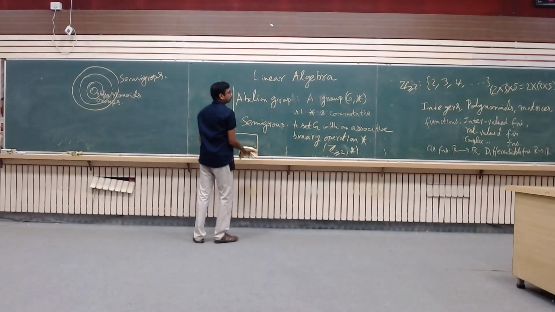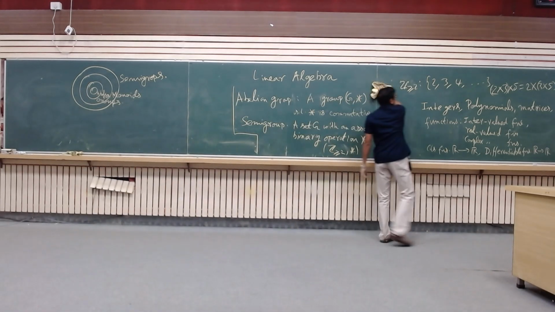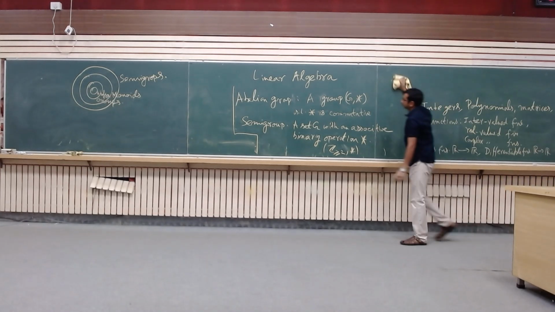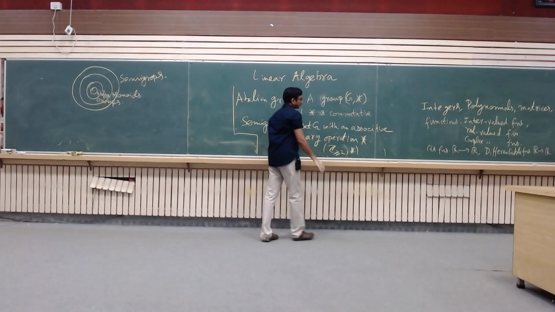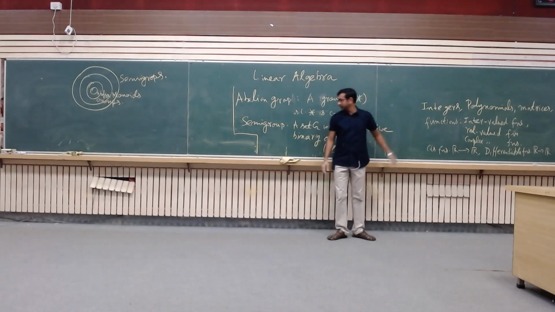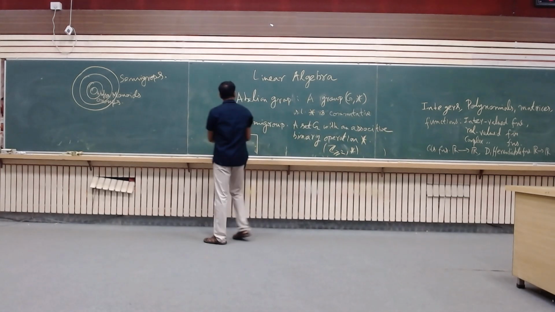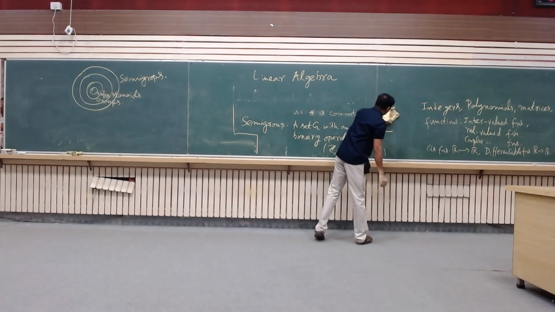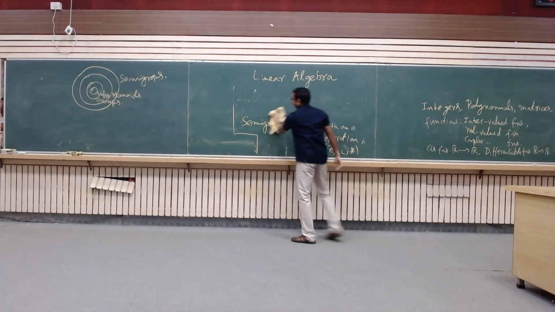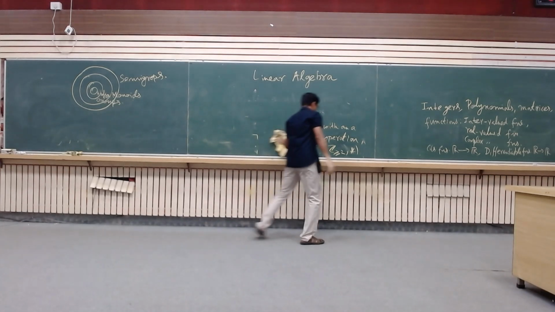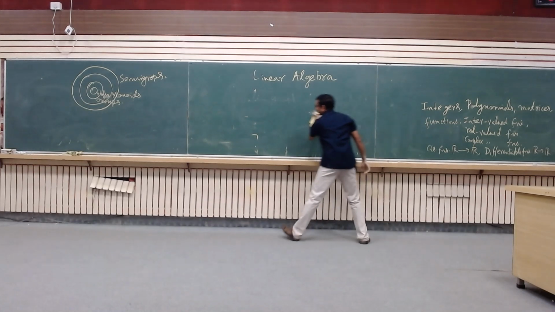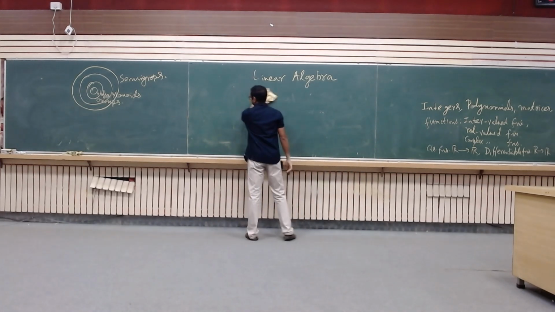Okay, now let's look at the sets which we have written there. Are they satisfying the concepts of groups, monoids, semigroups, and what can you tell about their structure in general?